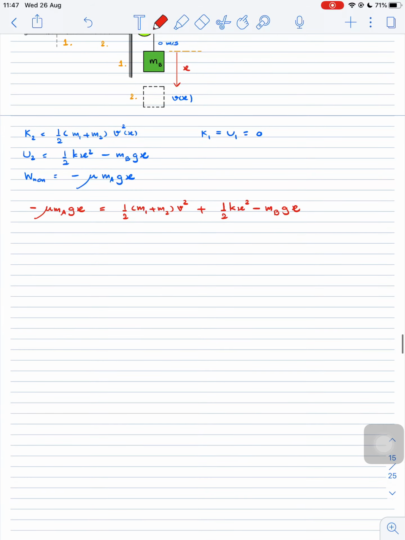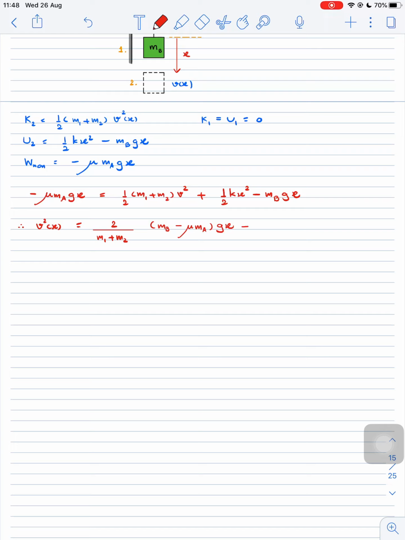Okay, so then finally we can get that the v square, which depends on the x, is equal to 2 over the m1 plus the m2, which is coming from this term, and then the mb minus the mu times the ma and then times the g times the x, minus 1/2 k x square, and that's it. That's going to be the v square.